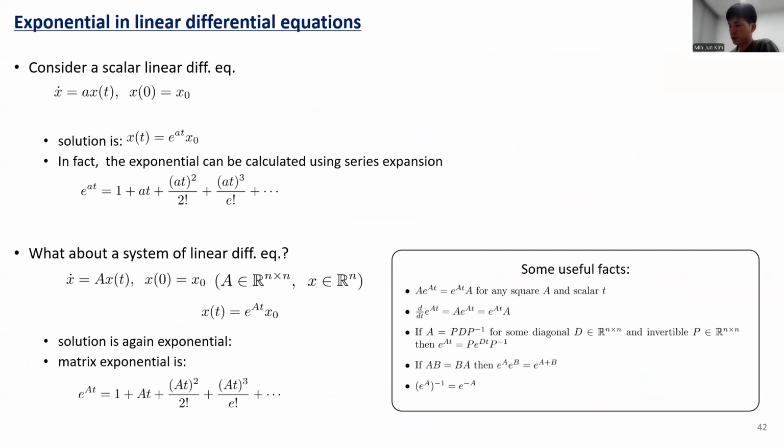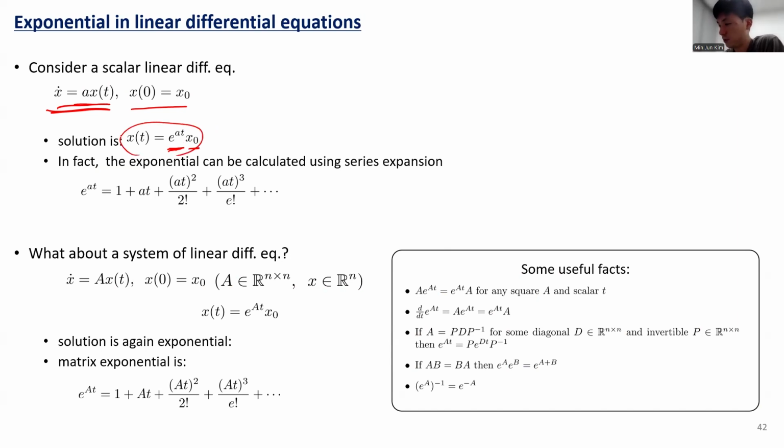So let's first see what the exponential is in linear differential equations. Let's consider a very simple linear ODE, ordinary differential equation. x dot is equal to a times x, with this initial condition. And we all know the solution is exponential, right? x(t) is e to the at times the initial condition.